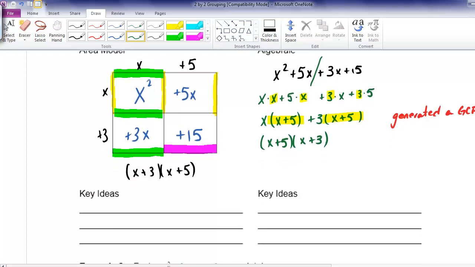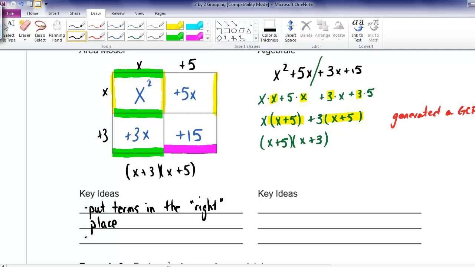Ultimately, I want you to decide which one you like the best. So let's look at the key ideas of both methods. The key idea in the area model is, in order to do this successfully, we need to put the terms in the right spot. Again, there's 4 terms, there's 4 spaces. We need to put them in the right spot. Now in class, we're going to do some examples where we put them in the wrong spot and see what happens.